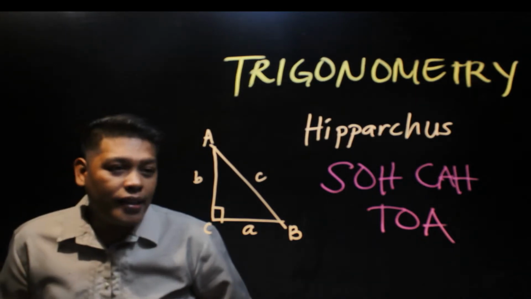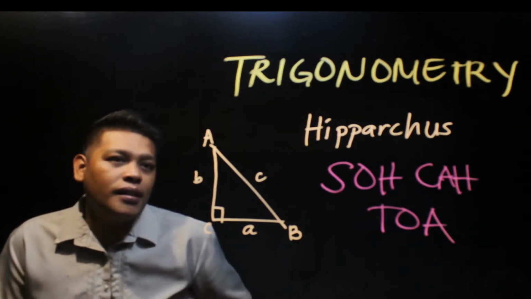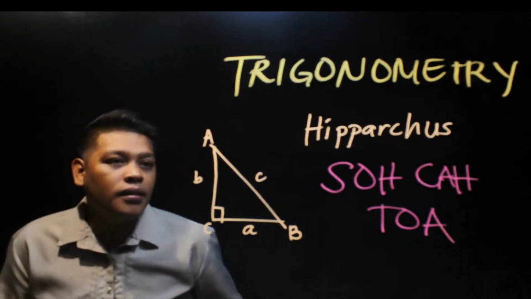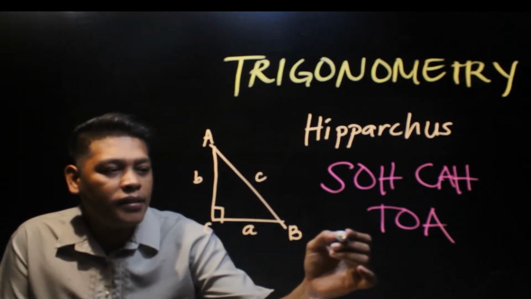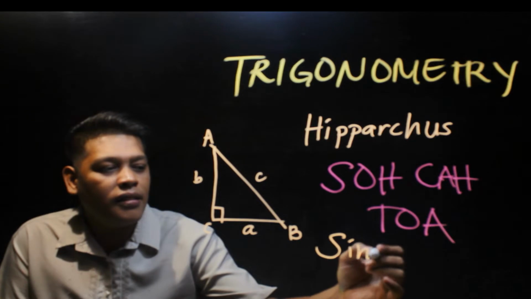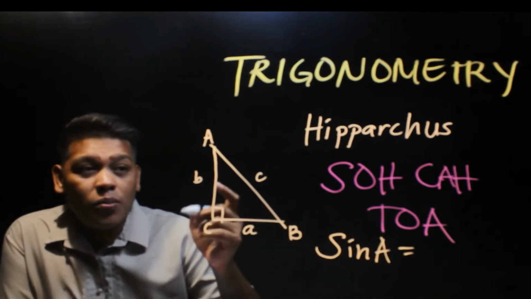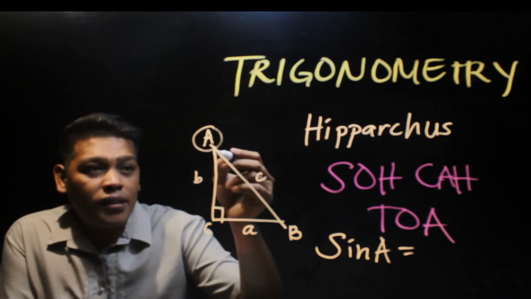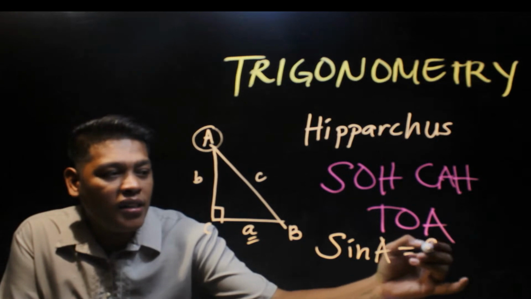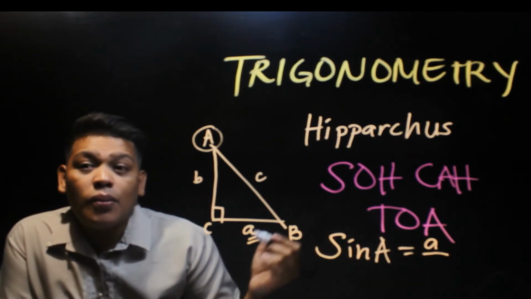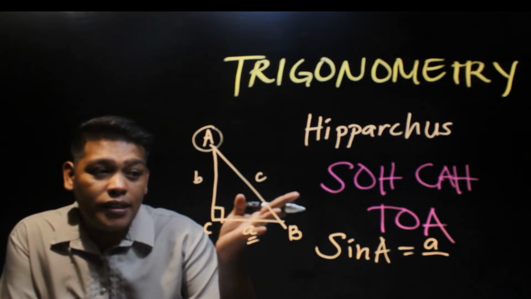So in the right triangle, if this is our reference angle A, sine A is equivalent to the opposite of the A. The opposite side of the A is small letter a, over the hypotenuse, or the longest side of the triangle.